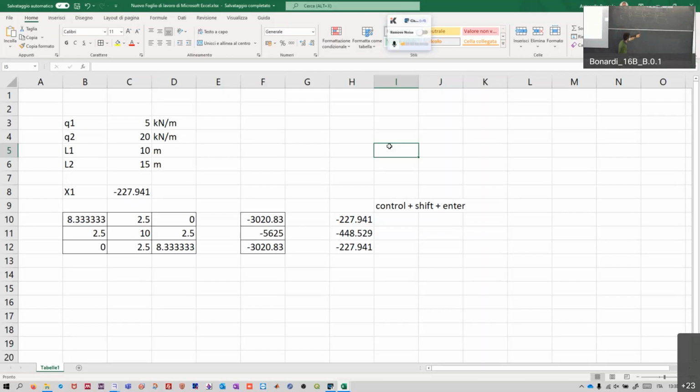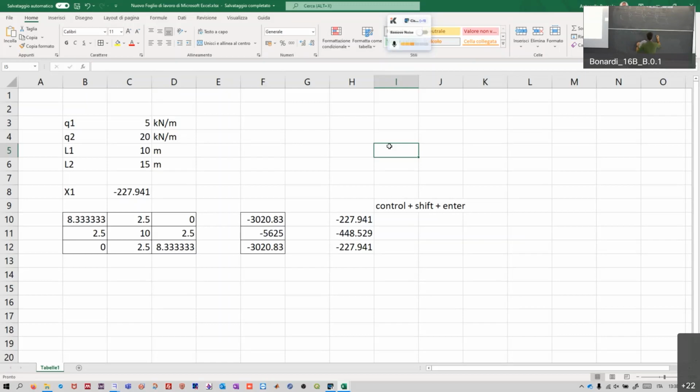So the force is Q1 times L1, because it is a distributed load: the force is the load times the length where it is applied, times the lever arm. And the lever arm is 1/2 of L1, because we can consider all this distributed load as its resultant applied in the midspan. This is the force and this is the midspan. And then minus X1 equal to 0.